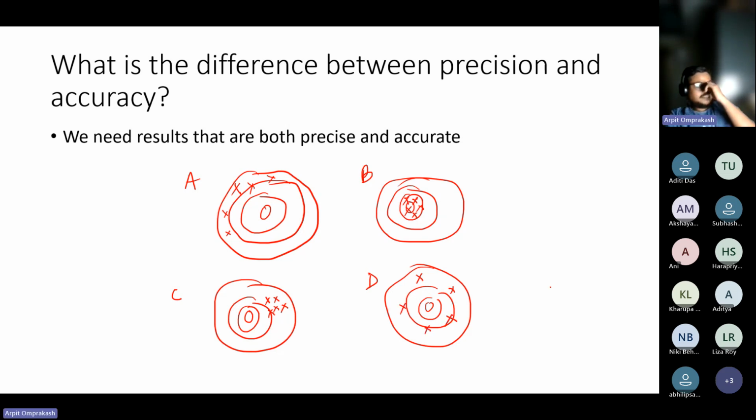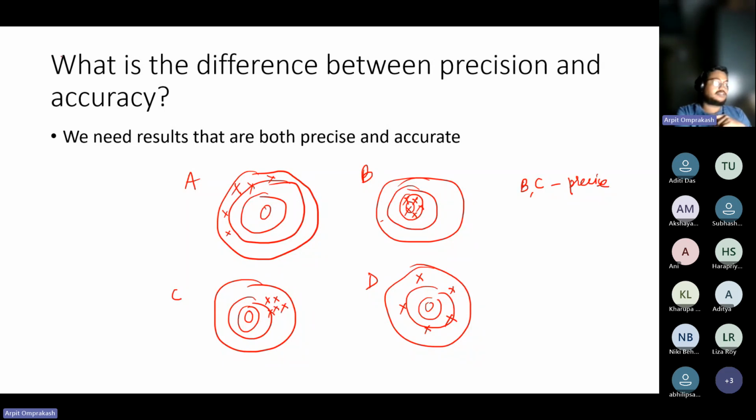Right. So precision is basically cases such as B and C. B and C are precise because they're shooting at the same location again and again. Right. So when you're measuring things, if you're arriving at the same value or similar values again and again, the measurements are called precise.